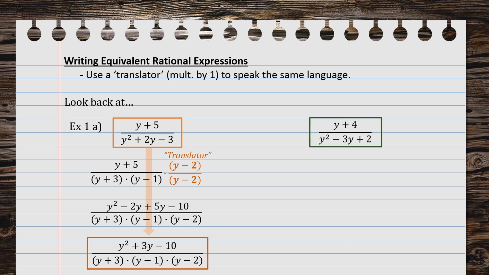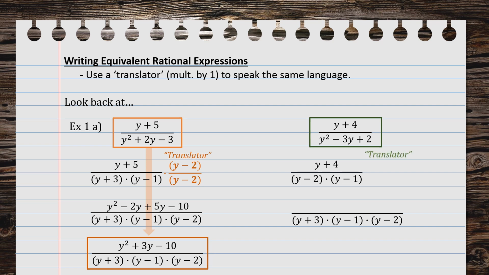Now also in example 1a, the other fraction was y plus 4 all over y squared minus 3y plus 2. We had also factored the denominator and saw it was made up of y minus 2 and y minus 1. Again, we know the LCD was y plus 3, y minus 1, and y minus 2. What needs to be the translator?